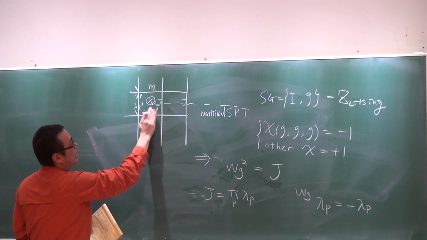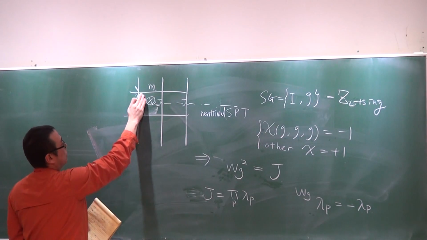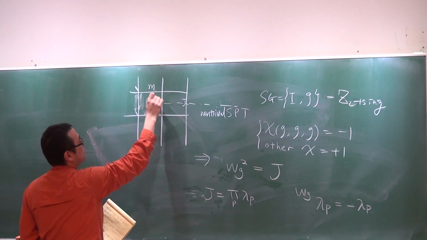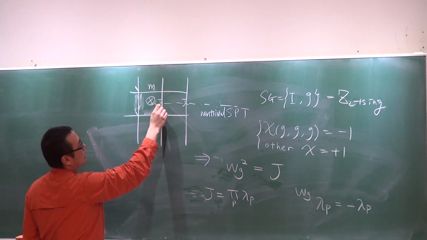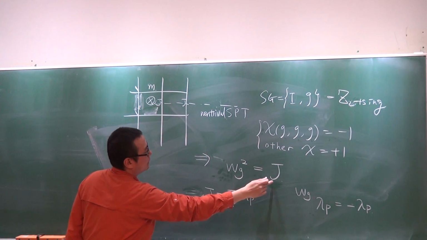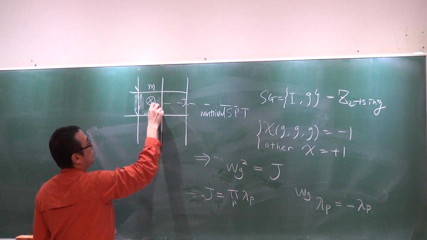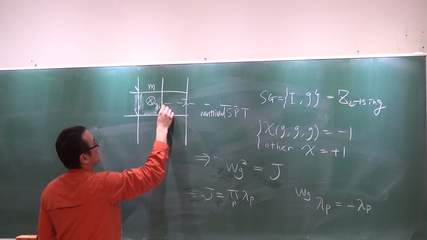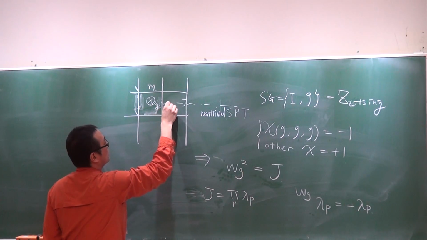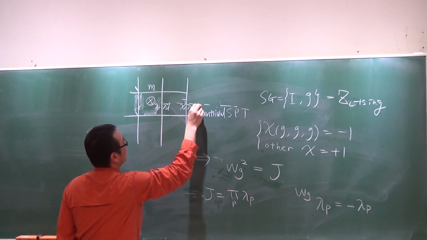But if this J is decomposable in this way, it really means that I can create this particle without costing any energy. So this J by definition is a product of some lambda here and some lambda there, some lambda left inverse on the other side, and some lambda right inverse.